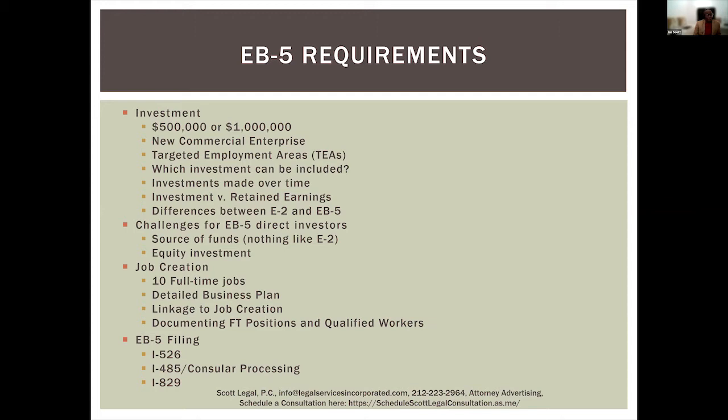One very big difference is when someone is buying a business. Let's say someone is buying a restaurant for $500,000. Under E2, all that would have to happen is that the E2 investor would have to pay the person who's selling the restaurant the $500,000, and if the restaurant has employees, then it's probably going to qualify for an E2.